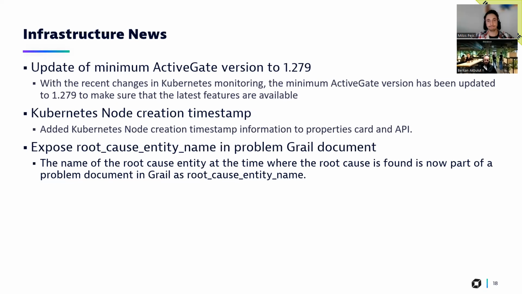The second one is maybe a minor update, but it's pretty useful for several reasons. For example, you can track your changes over time and assess node age within your cluster, or use the timestamp as a reference point for identifying issues, to understand if they are related to recent nodes or persist across different node generations.